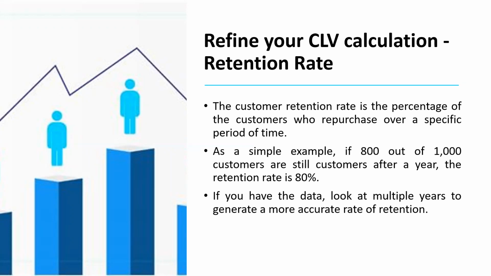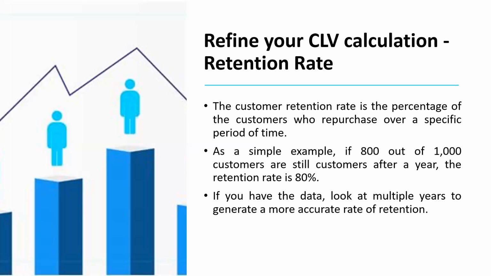But the point is, not every customer will buy at the same frequency, even though we are averaging it out. Not all customers are the same. Many will churn, correct. So I need to look at the retention rate. And again, this is based on the industry only. You can say that if 800 out of 1,000 customers are still my customers after 1 year, my retention rate is 80%.